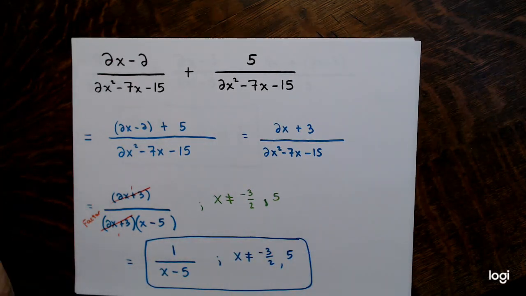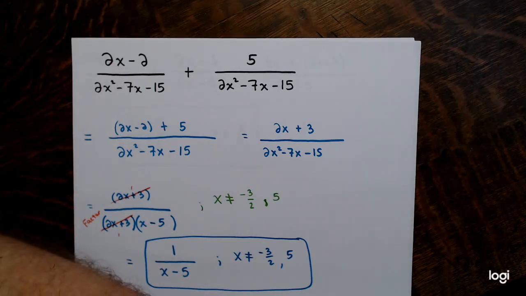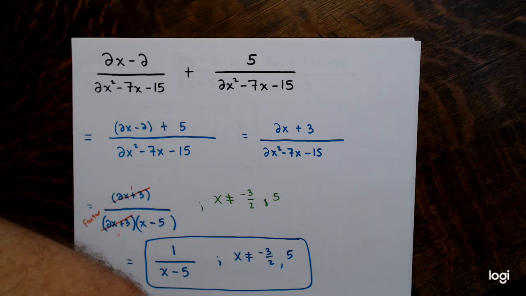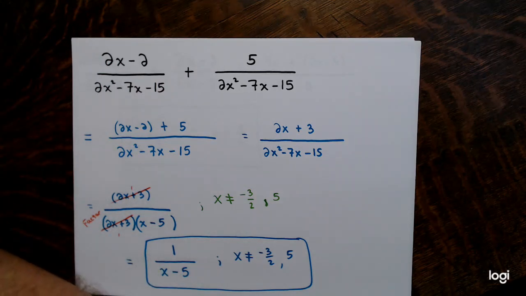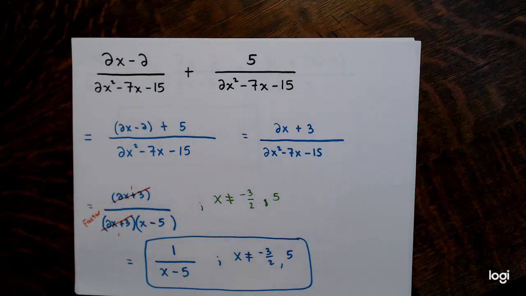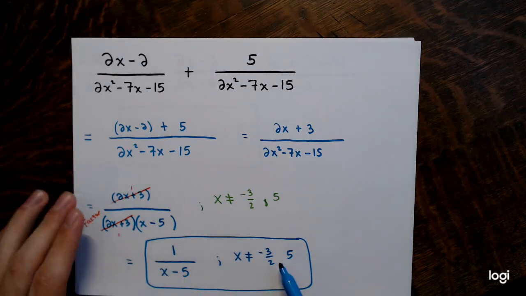Alright, so I'll mark that off to myself. And then you can test if you like. Test out with some numbers. Try anything but these two. Right? Plug in any value you wish.